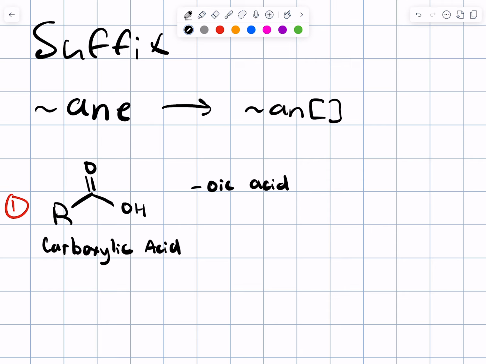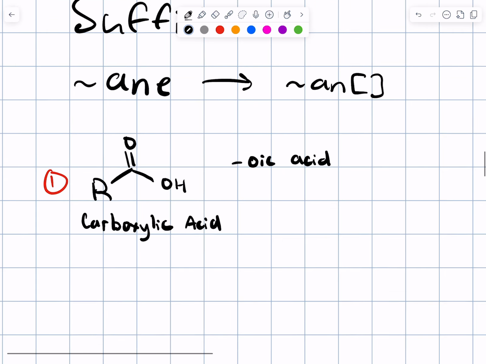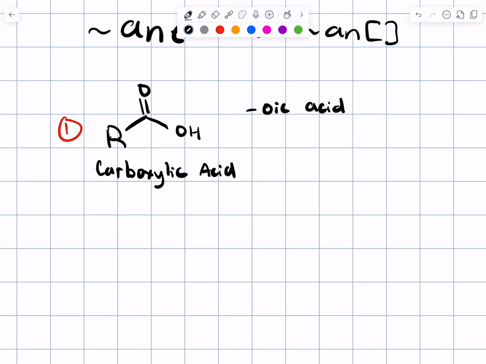Now, as I'm listing these, this is one place where I would recommend getting some flashcards. We really try to minimize the amount of flashcards that you need for organic chemistry, but for these functional groups and their suffixes, there's not really a great way around it. So I would recommend that. So if I were naming a molecule with a carboxylic acid, let's say that I had this. 1, 2, 3, 4.